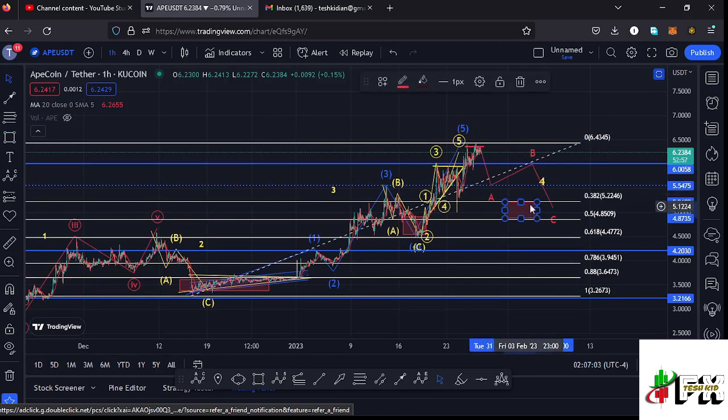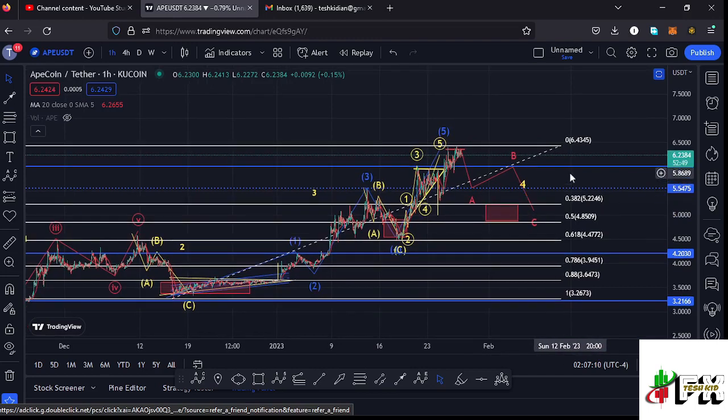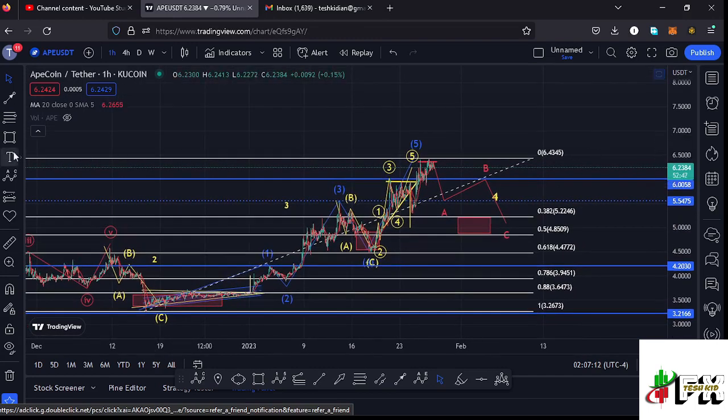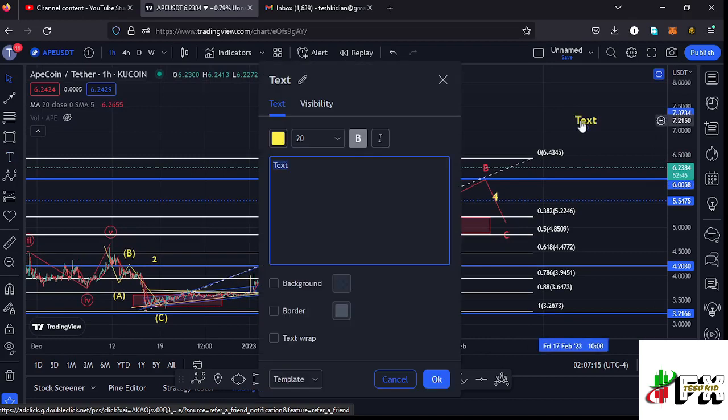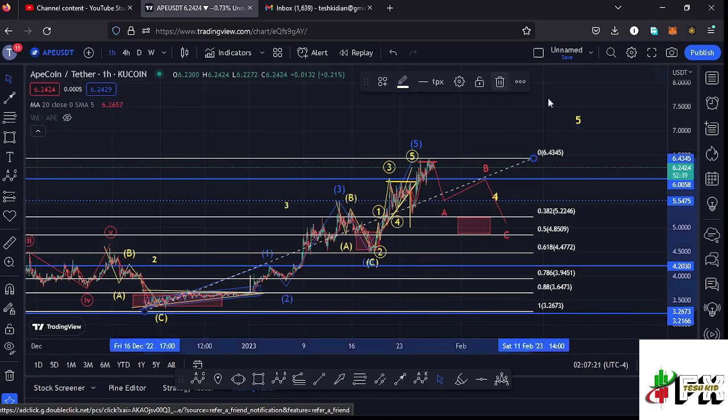And this, I think, will be another perfect entry back into Apecoin so that we can be able to ride another bounce to the upside in what we can term as a higher Elliott wave count 5. So after seeing the formation of that wave 4, I'll be expecting a wave 5 to the upside. So that is what I'm expecting on the short-term scenarios.